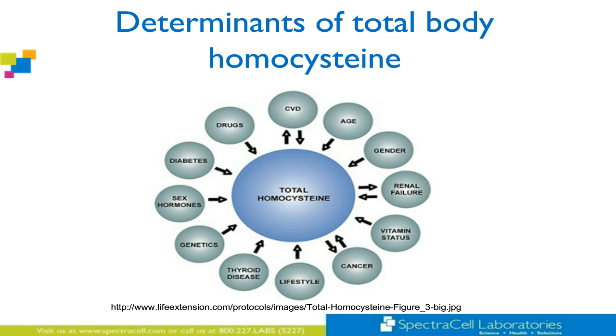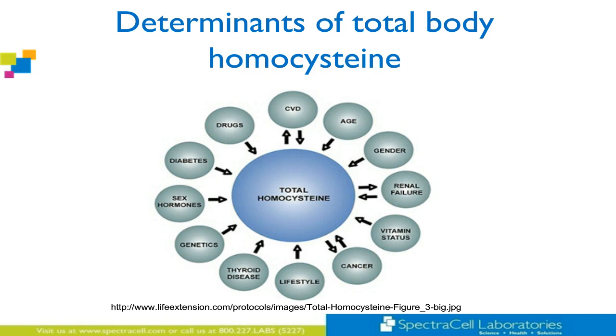As you can see in the lower right-hand corner, vitamin status will help to contribute to total homocysteine, but so can renal failure and cancer, for example, because they can act adversely by providing inhibitors of the enzymes needed for that methionine pathway to work so efficiently.